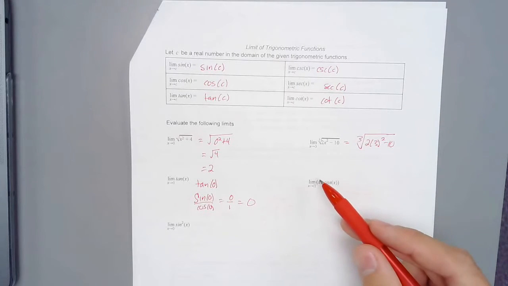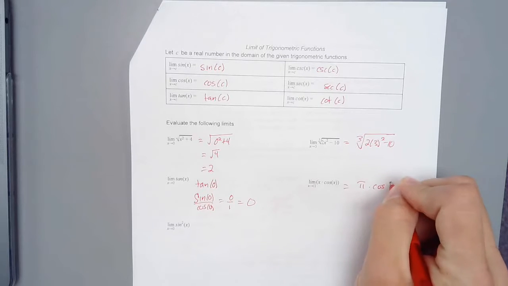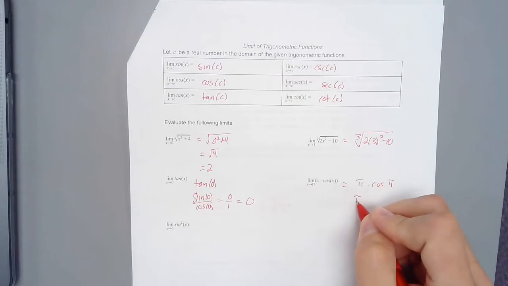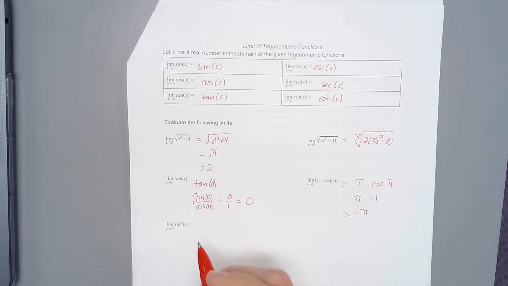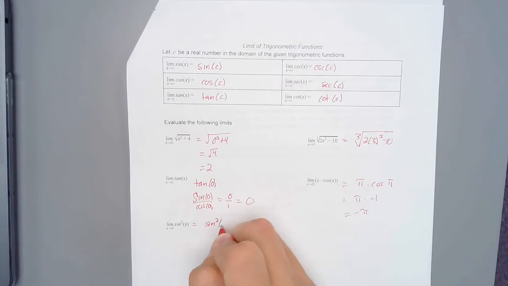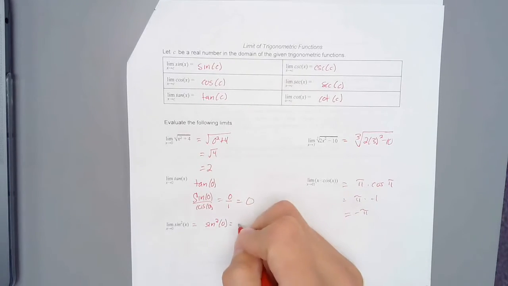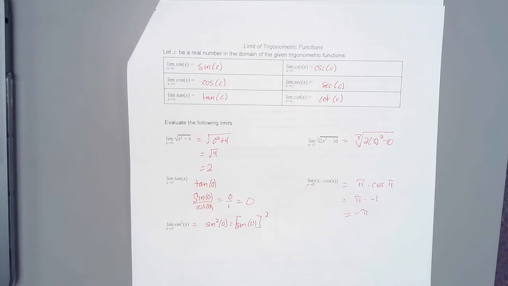What about this one? Put a pi in. Pi times cosine pi. Pi is pi, and cosine pi is negative 1, so I get negative pi. What about over here? This is the same thing as sine squared 0, which is sine of 0 squared.